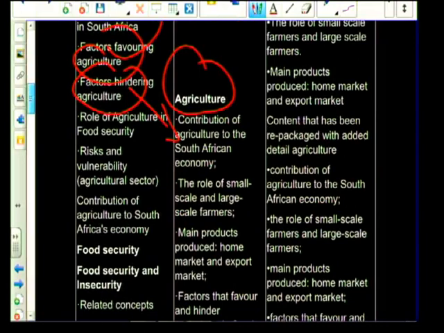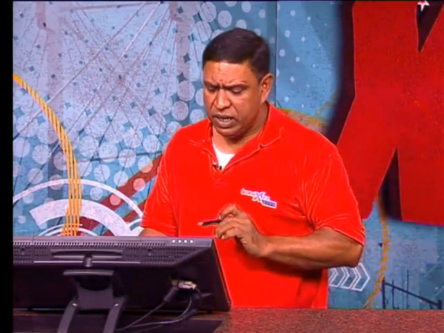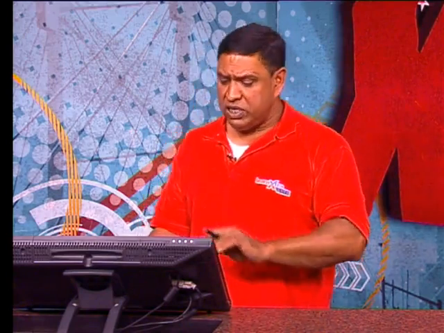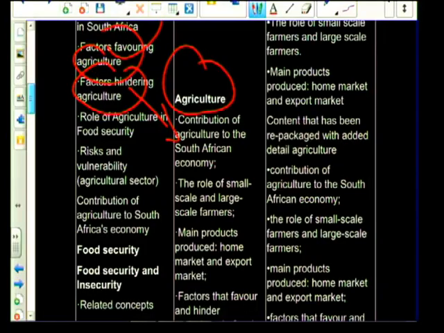Factors favoring would be the sort of the area that slopes, the new technology, the farming. There's various aspects that you could talk about, which will be discussed, and we will do programs on that later. Issues that have come through, food security will be covered here and also covered in more detail later.